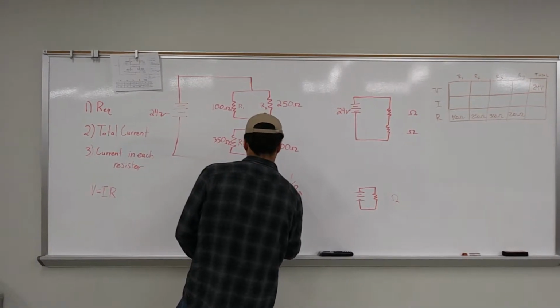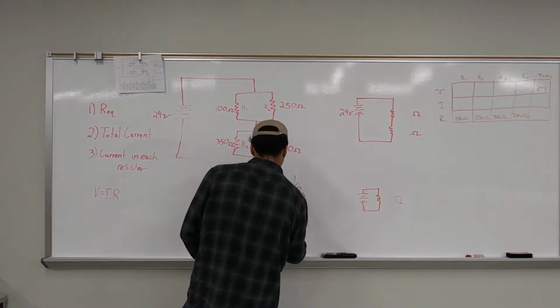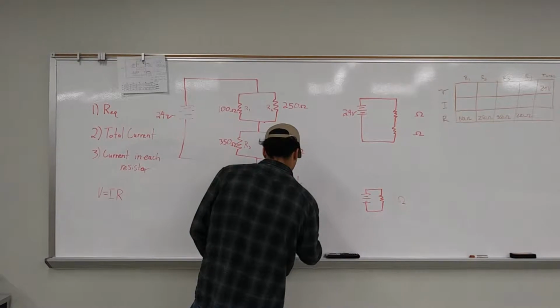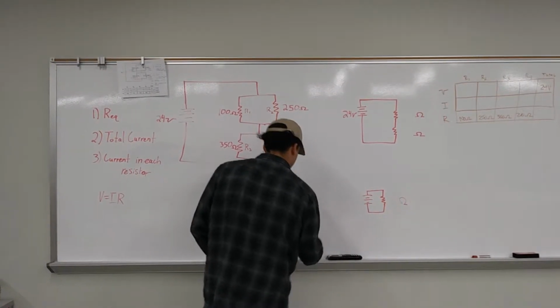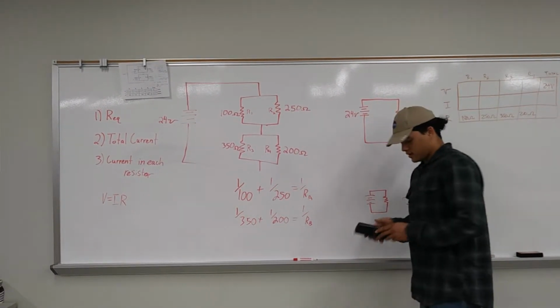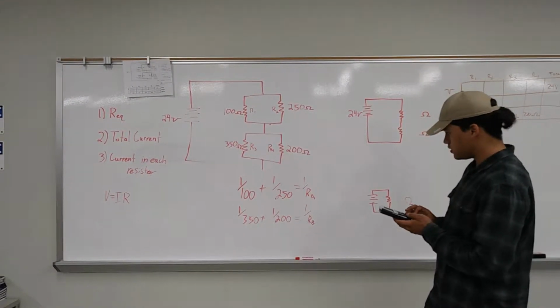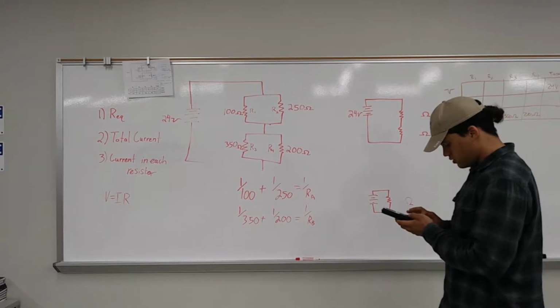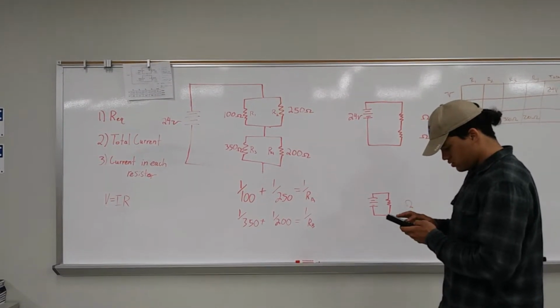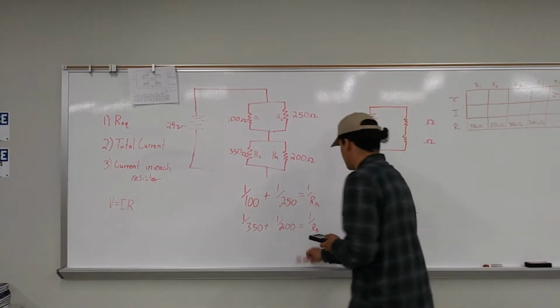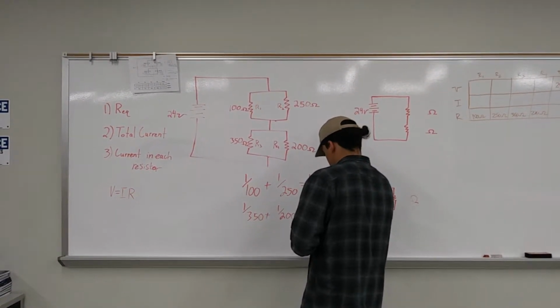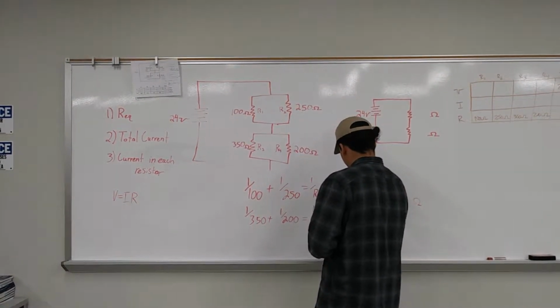Plus 1 over 200, and we plug that into the calculator. And we get this to equal 71.42.